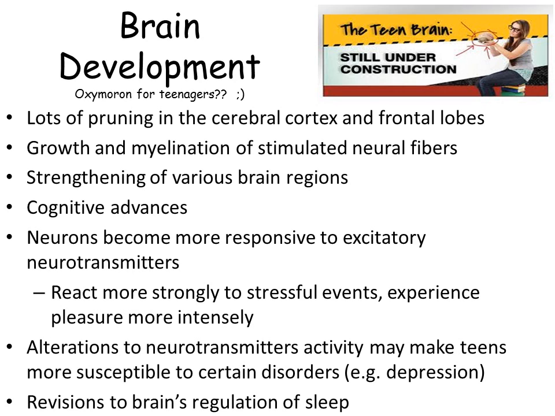So one of your assignments in the last chapter was to look at schools that are starting later and what impact that is having on learning. I, for one, do not understand why there are still high schools starting at 7:20 in the morning. I don't understand, because it goes against everything we know about the teenage brain.